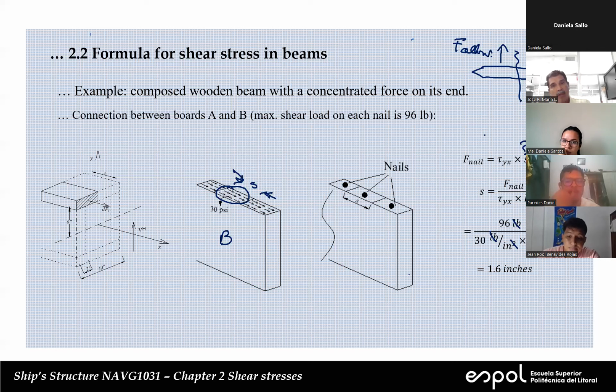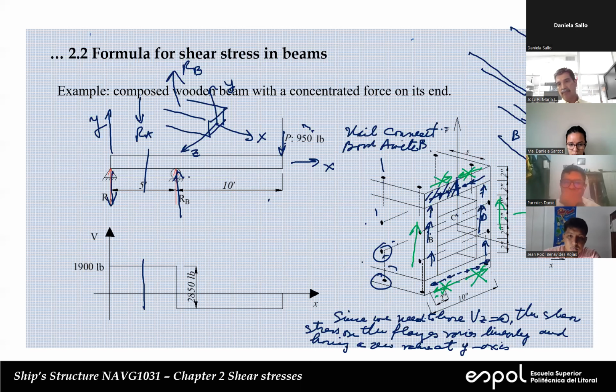Okay, now, let me go back. We have determined the nails which connect boards A and B, okay? Now, we have another type of connection between boards B and C, okay?